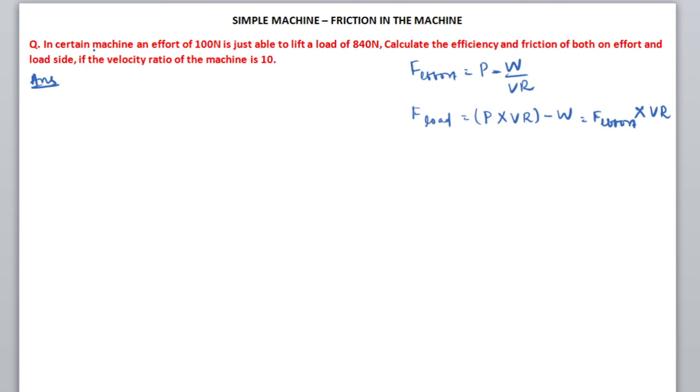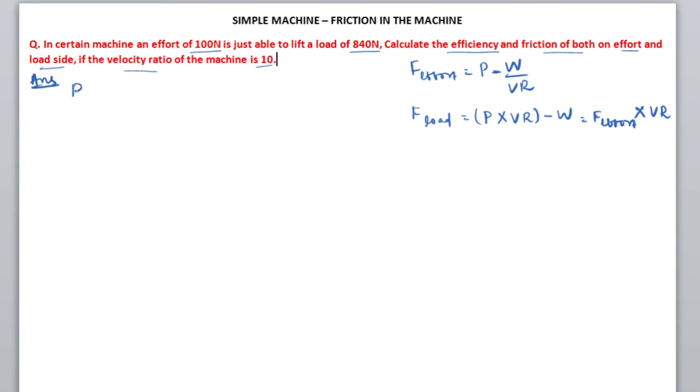In certain machine, an effort of 100 Newton is just able to lift the load of 840 Newton. Calculate the efficiency and friction on both effort and load side if the velocity ratio of the machine is 10. So let us write the data that are given.